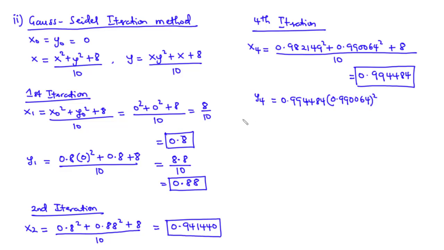We have the square of it, plus 0.994484, that is the most recent value for x, and then plus 8, all divided by 10. Now this is also giving us 0.996930.